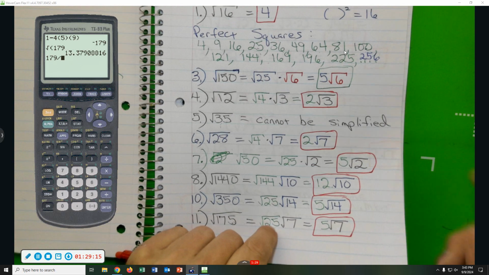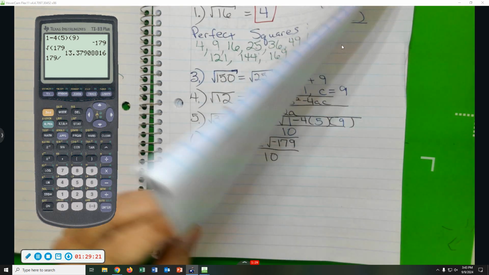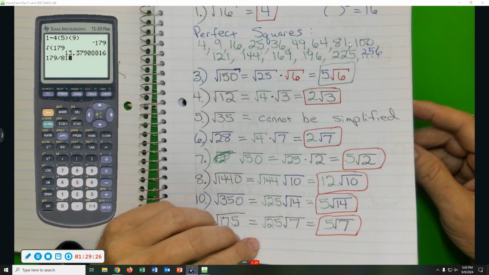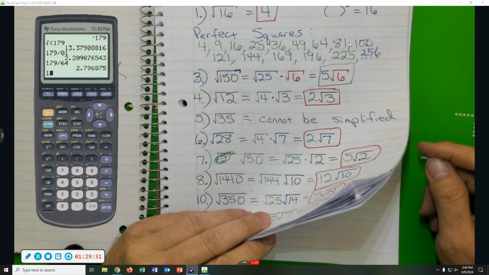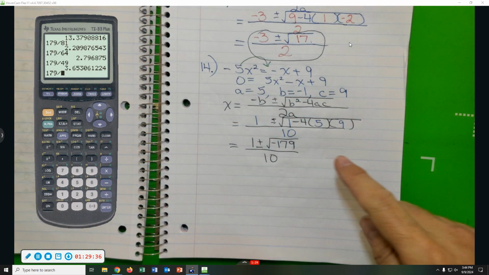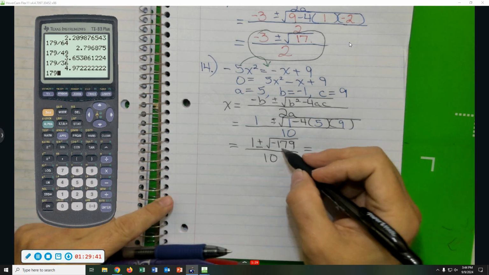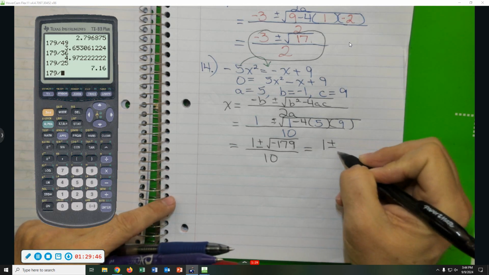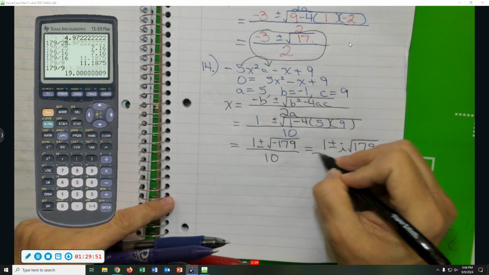Like 81 would be too big. 81 times 2 is, 100 would be too big. 81 doesn't do it. 49, try 49. 49. Does anyone have one of those nice calculators that does it for you? I don't need it. 179. The square root of 179 can't be reduced. 1 plus or minus I square root of 179 all over 10.